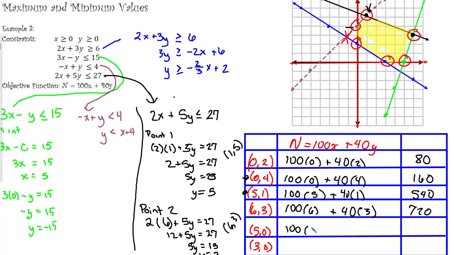And then we have 100 times 5 plus 40 times 0, giving us 500. We have 100 times 3 plus 40 times 0, giving us 300. And so that means that this is our maximized function.